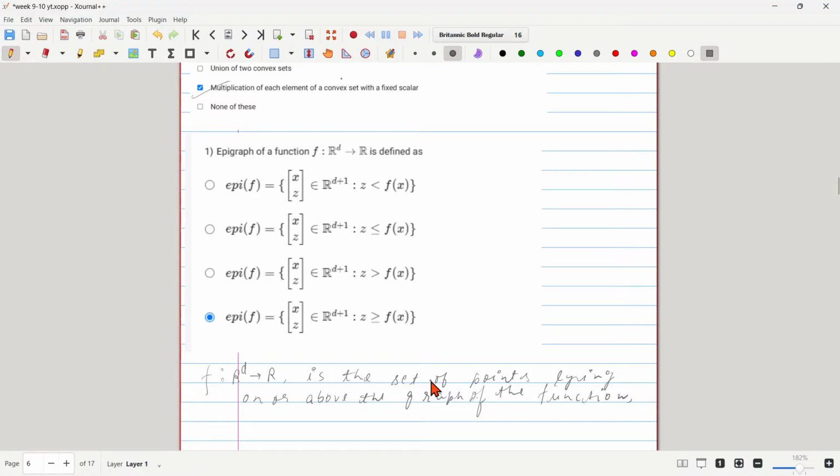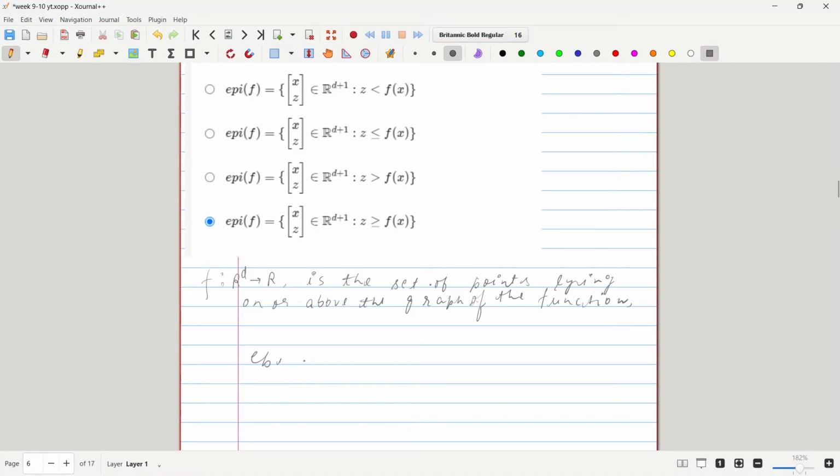This can be shown as epi f, the set of combinations (x, z) belonging to R^(d+1) such that z is greater than or equal to f(x).